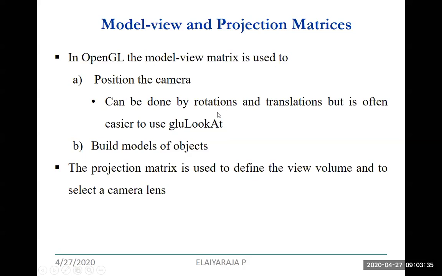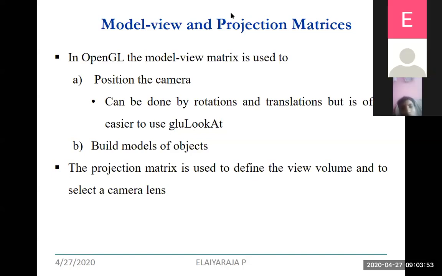How do we perform this? Either we use the gluLookAt function. What will it say? It will say about the camera eye, with respect to eye, where you are going to look: X, Y as well as Z axis.